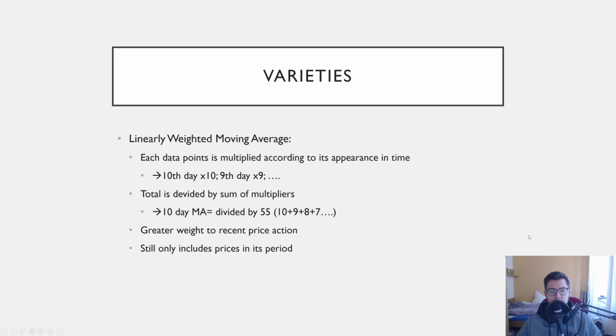So the next one will be the linearly weighted moving average. Each data point here is multiplied according to its appearance in time. So for example, if you have a 10-day moving average, then the 10th day is multiplied by 10, the 9th day by 9, the 8th day by 8, and so on.